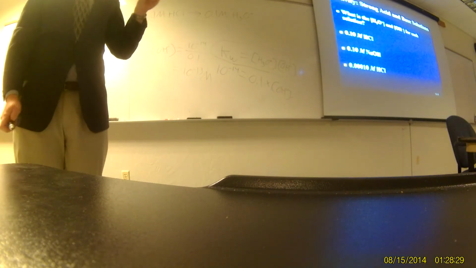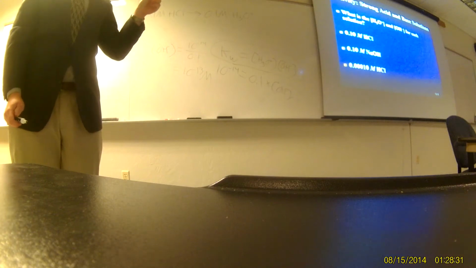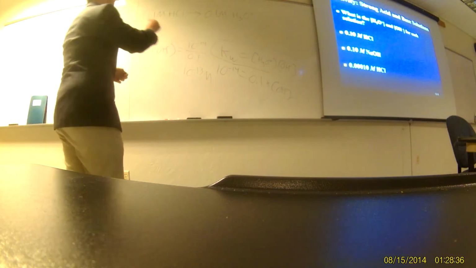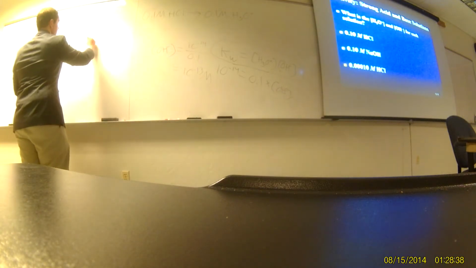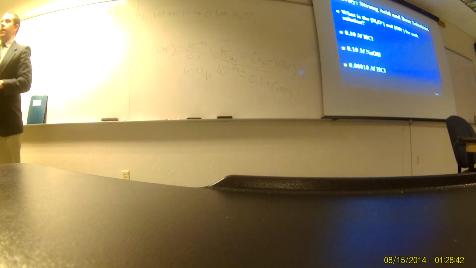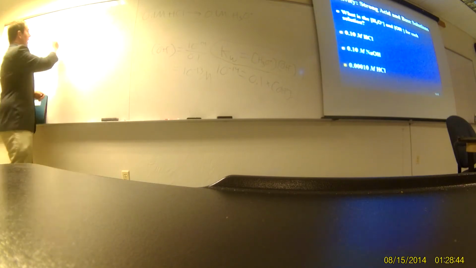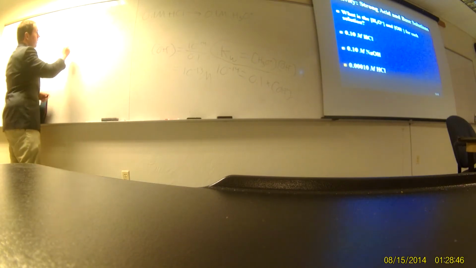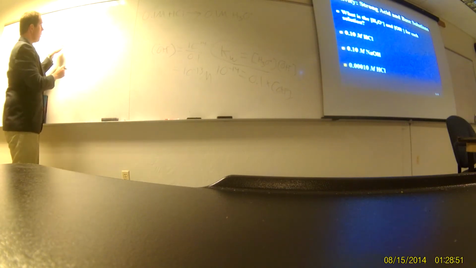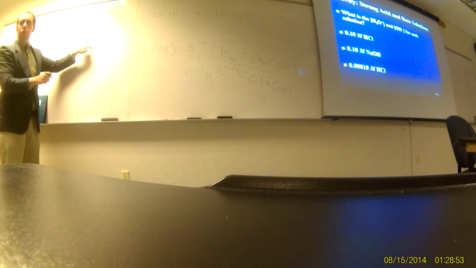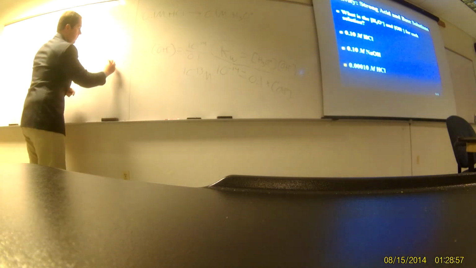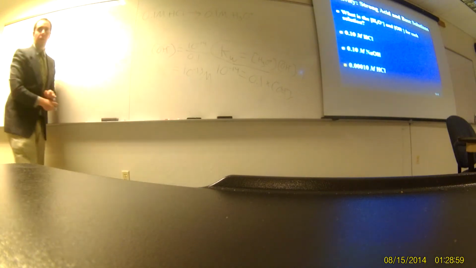Just in case we don't run into that example, I'll cover it now. So let's say, instead of HCl, we had H2SO4, a polyprotic acid. If we had 0.1 molar H2SO4, that would give us 0.1 times 2, 0.2 molar H3O plus.